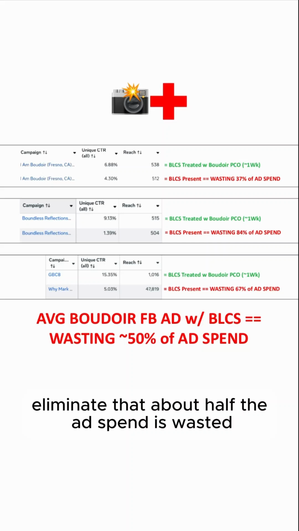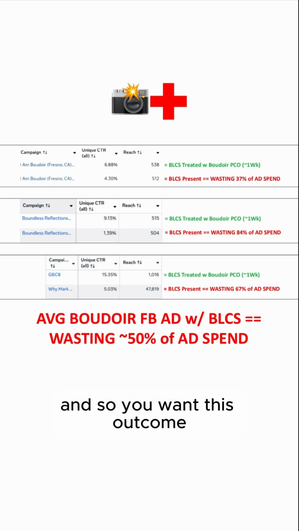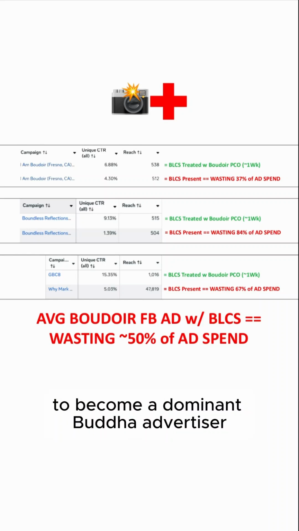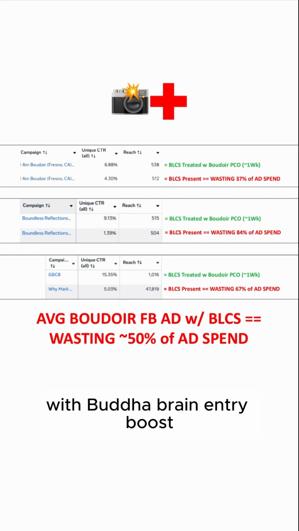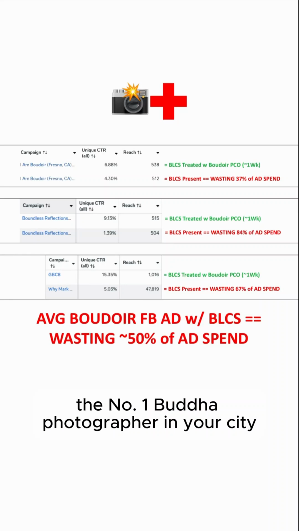Eliminate that, about half the ad spend being wasted, and put that 5K back in your pocket instead of the Zuck's pocket, and that'd be approximately 60K over the next 12 months. And so you want this outcome, and you also want to achieve pre-click alignment to become a dominant Boudoir advertiser with Boudoir Brain Entry Boost, because you need this on your path to becoming the number one boudoir photographer in your city.